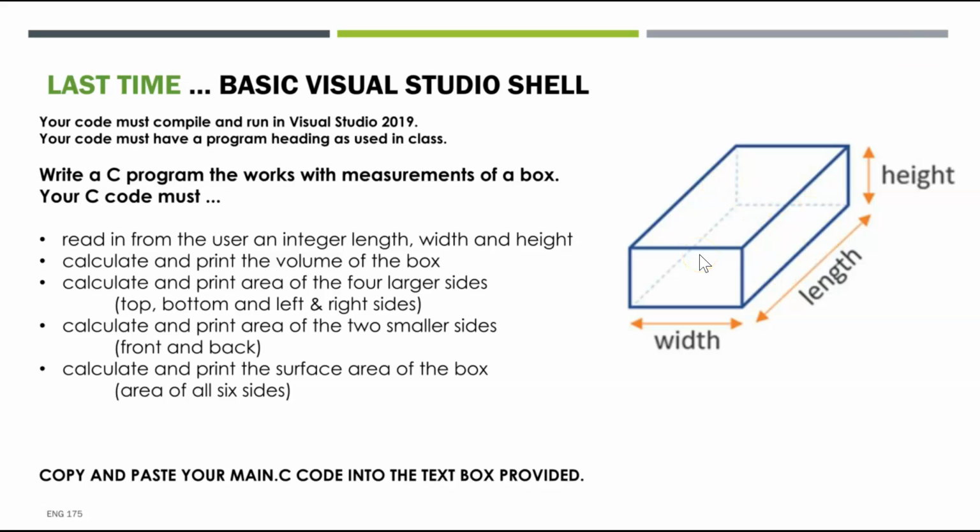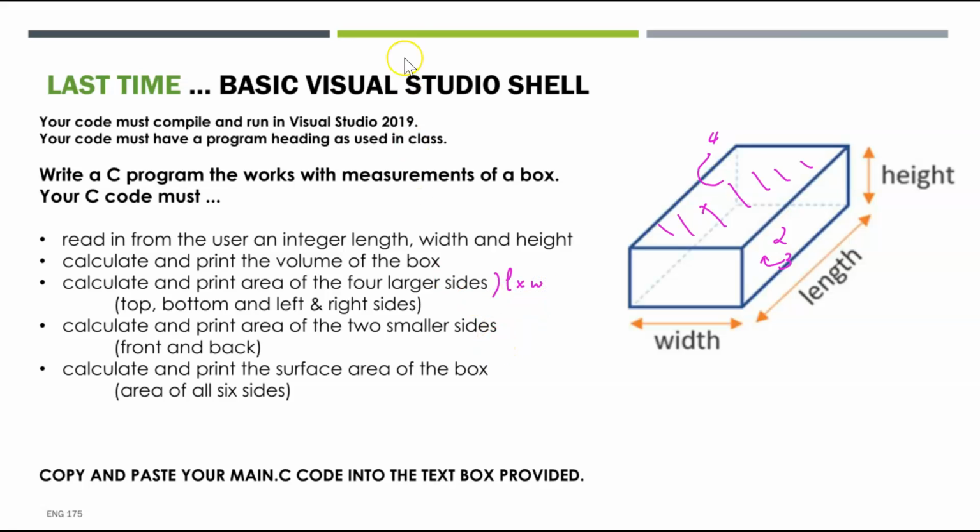So the four larger sides might be this one here up on top, the one on the side, then this one underneath, and then this one on the side. We want the area of these four larger sides. Notice the area is going to be length times width.